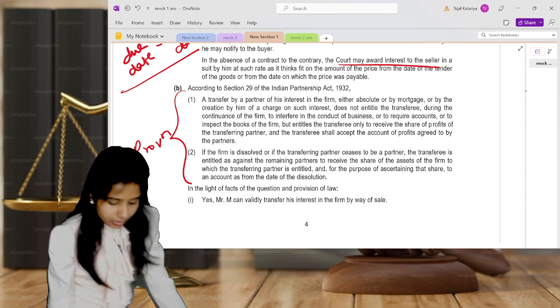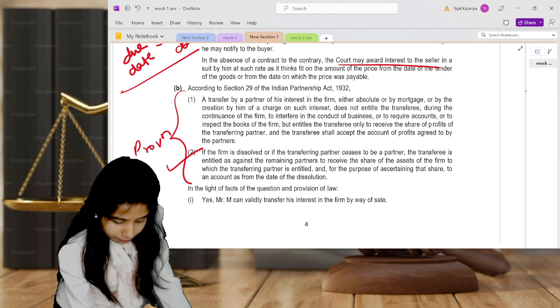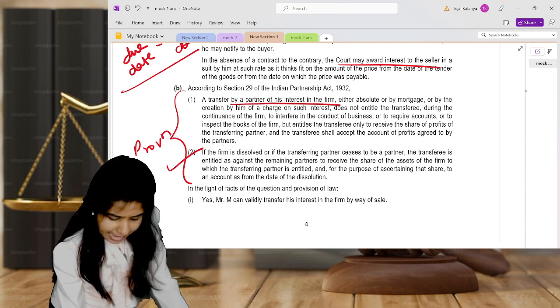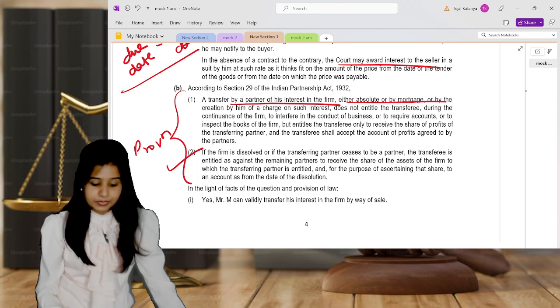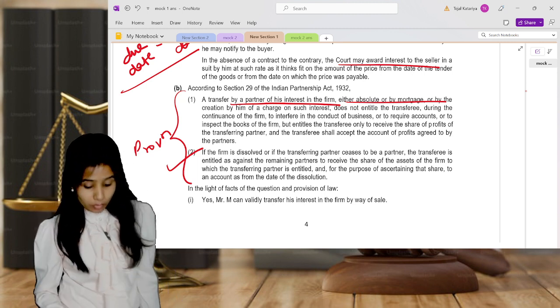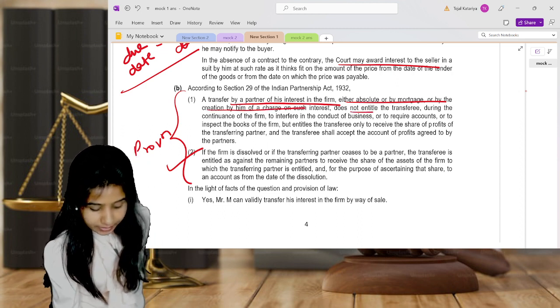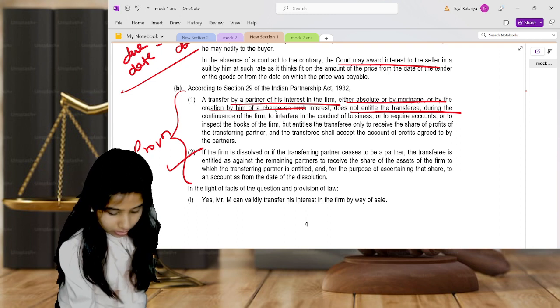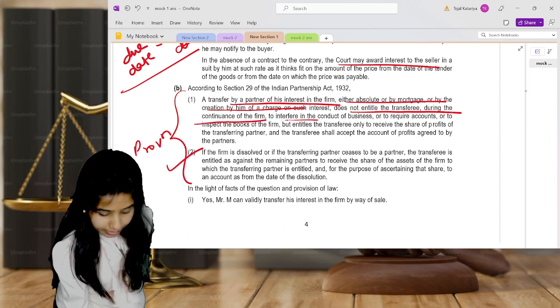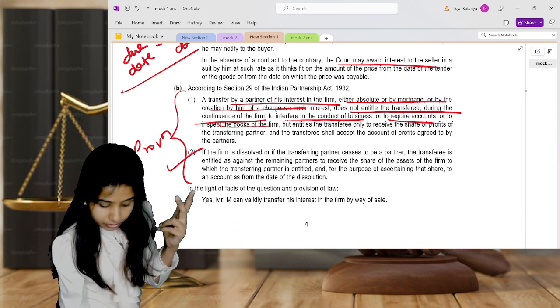But in case of retirement, there is one more provision. First understand, whenever the partner is transferring his interest, either absolute or by mortgage, or by creation of charge on such interest, it does not entitle the transferee, during the continuance of the firm, to enter into the conduct of the business, to require the books of accounts, or to inspect the books of accounts.